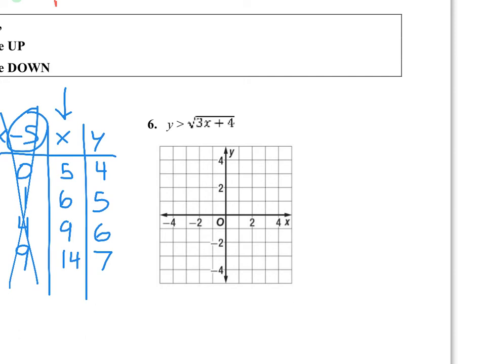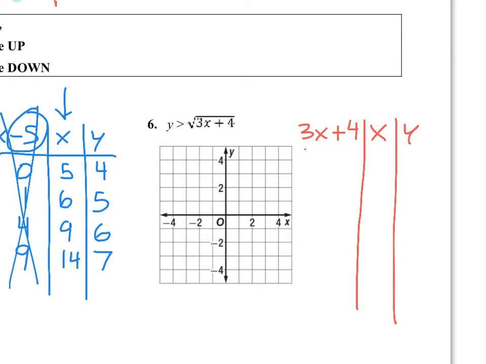Okay, so 3 columns again. The radicand's our first column. We want the first column to be a nice perfect square. Alright, so what value of x would make 3x plus 4 be 0?